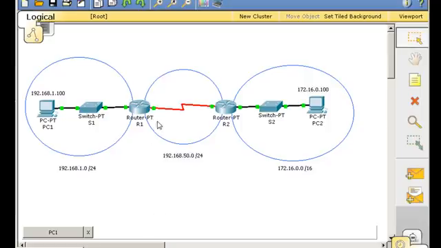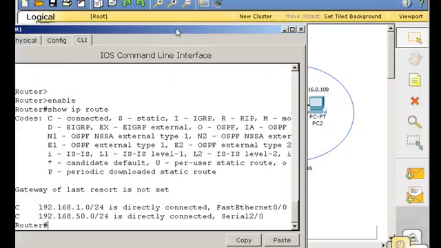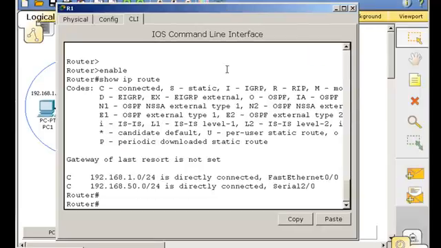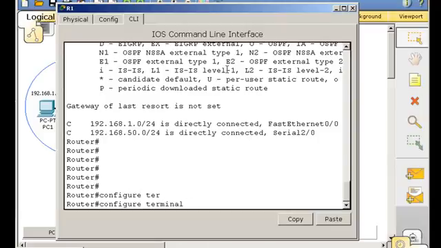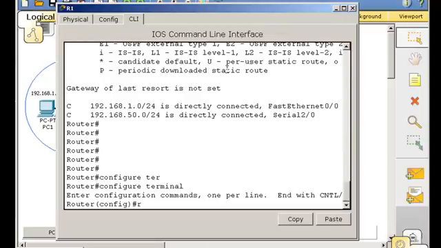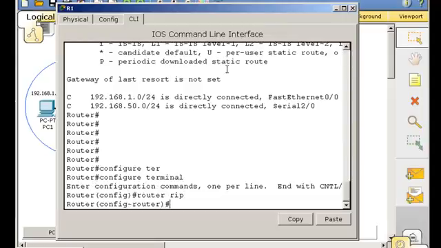So let's set that up really quickly. I'm just hitting enter here, configure terminal, right? And I'll type router RIP, and that turns on RIP. And notice I'm in config-router mode now.